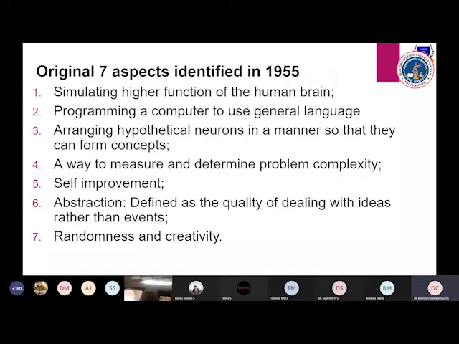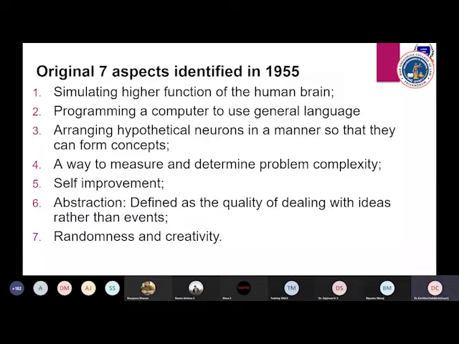And then you have a computer which would be programmed to use a general language. And then you arrange hypothetical neurons in a manner so that they can form concepts. And then you have a way to measure and determine problem complexity, scope for self-improvement, and then the point of abstraction, where you can deal with multiple ideas rather than events.